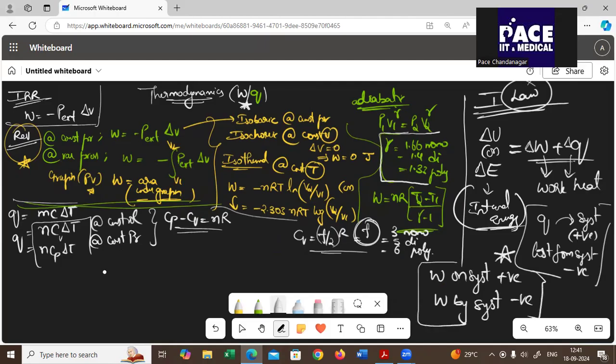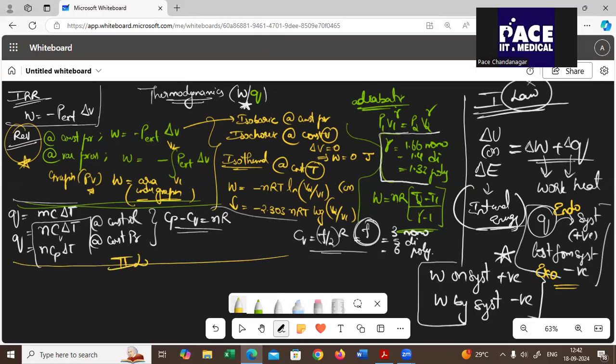That's it. Rest all will be the same. So whatever you are putting for the work or the heat in your internal energy: if heat is given to the system, that is an endothermic process, and it is positive. Heat lost from the system is exothermic, and heat is given as negative there. Work done on the system is positive, work done by the system is negative. This is your first law of thermodynamics.